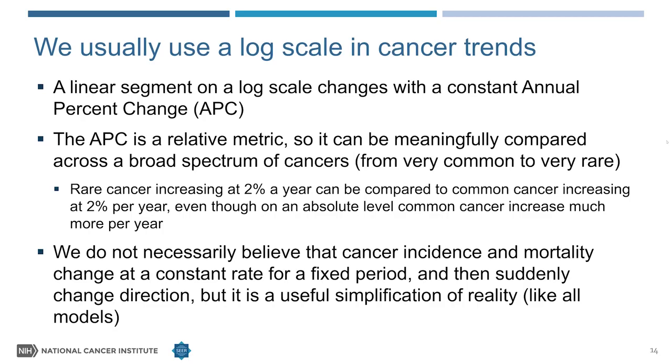For example, a rare cancer increasing at 2% a year can be compared to a common cancer increasing at 2% per year, even though in absolute level the common cancer increases much more per year. One thing to keep in mind is that we do not necessarily believe the cancer rates change at a constant rate for a fixed period and then suddenly change direction, but it is a useful simplification of reality, like all models do.